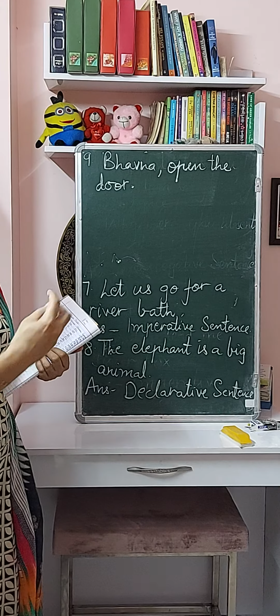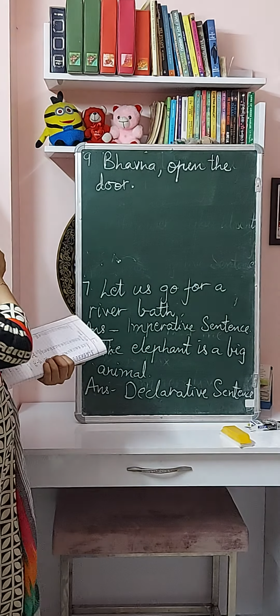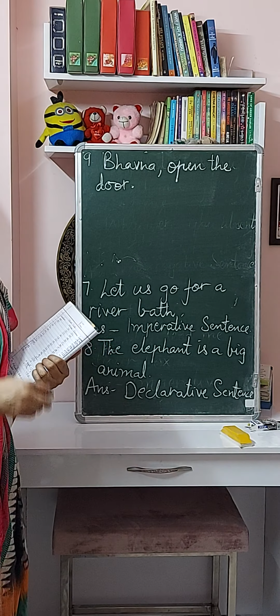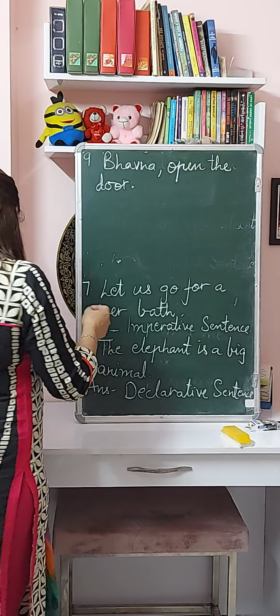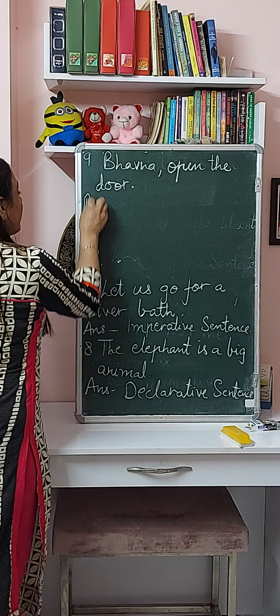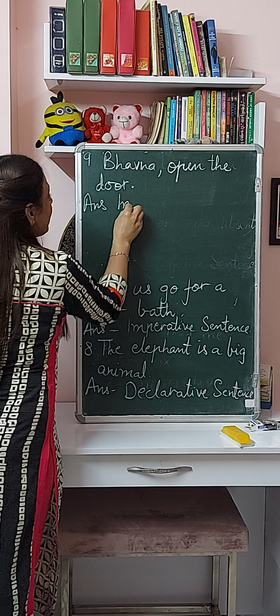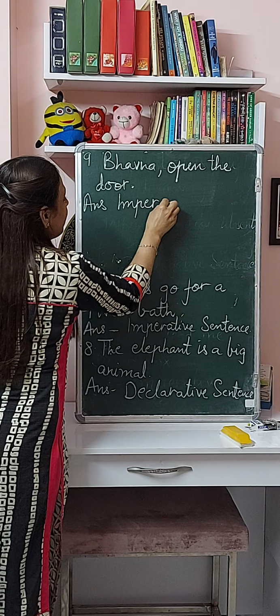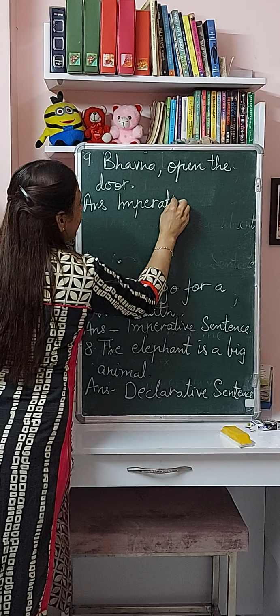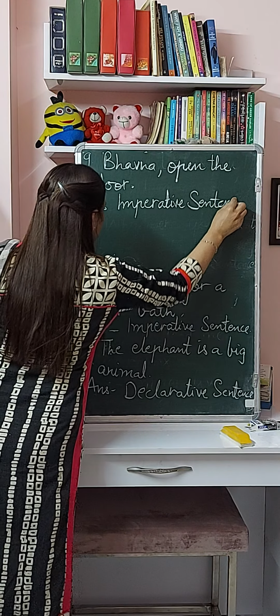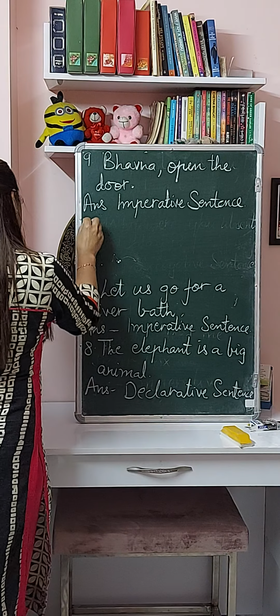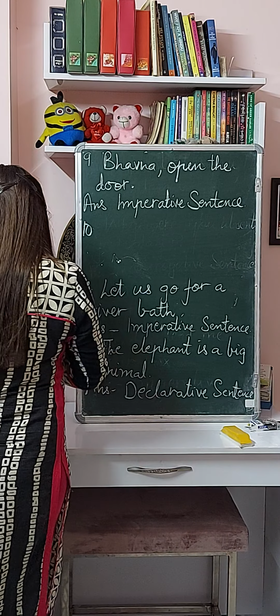If I had written, Bhavna, please open the door, it would have been a request. Now here you are ordering, Bhavna, open the door. So what kind of sentence will it become? It will become an imperative sentence. Alright. Now moving on to the last one.